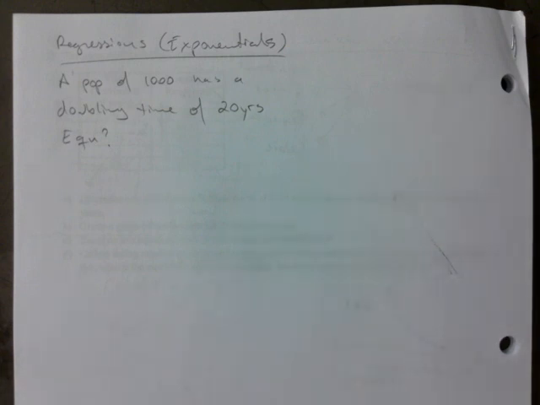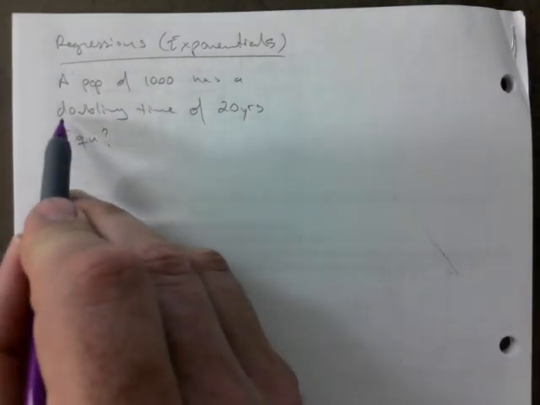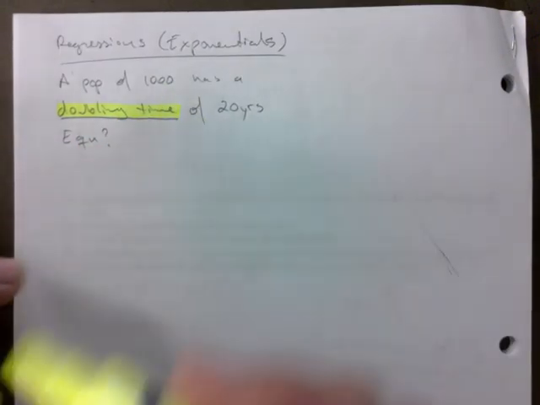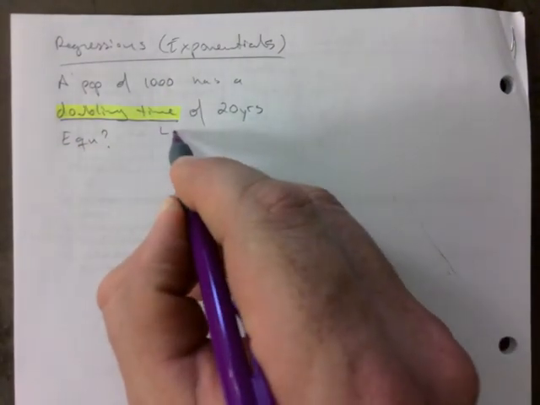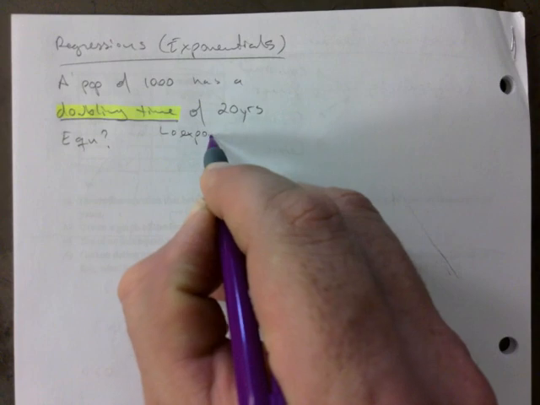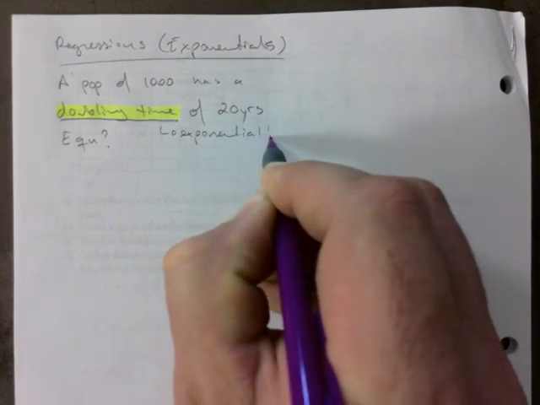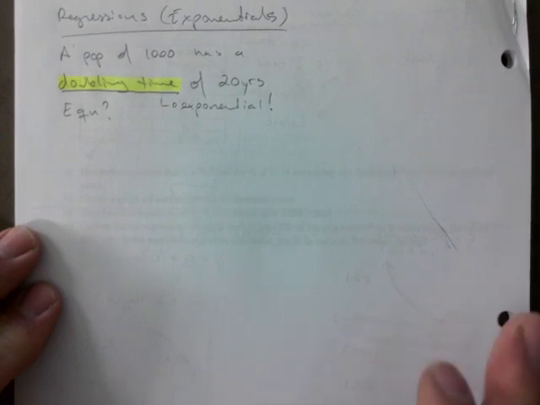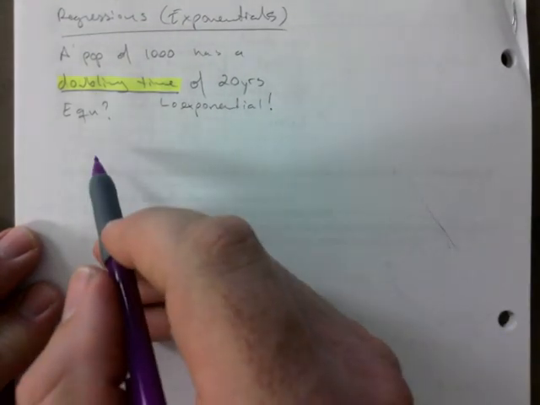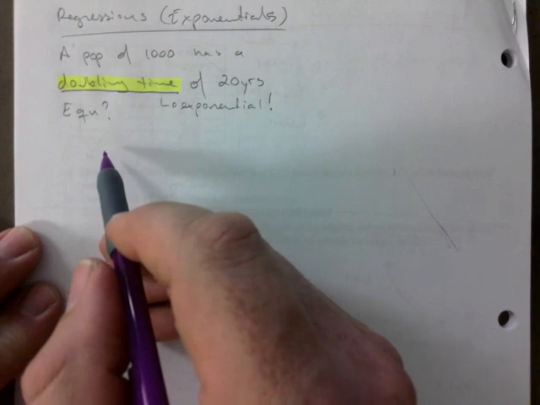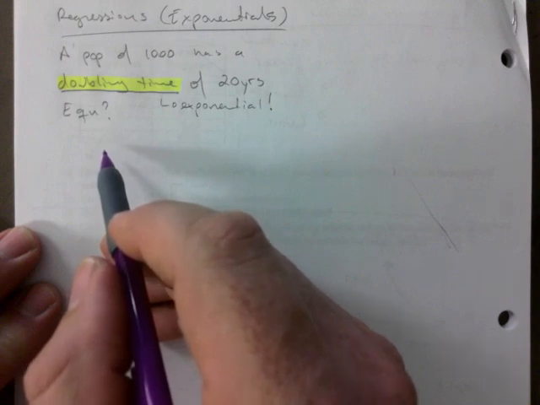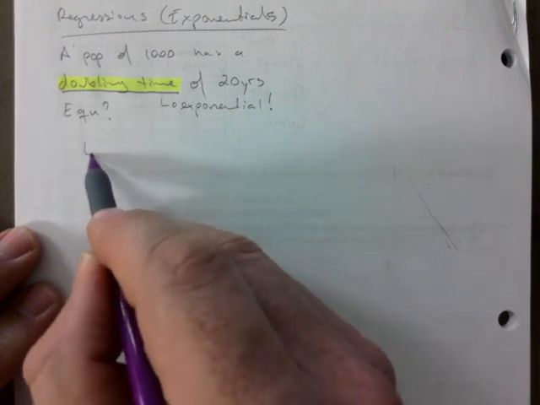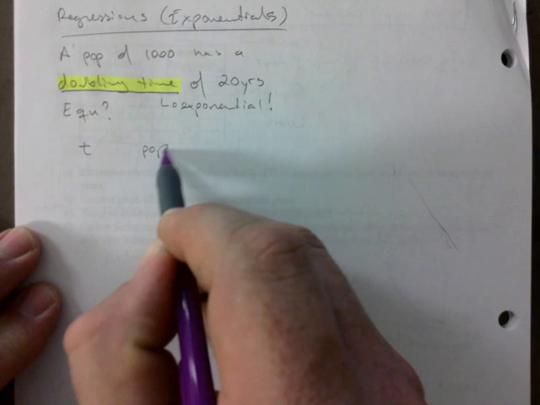Doubling time is exponential, by the way. You can highlight this part. Exponential for sure. What does that mean, a doubling time of 20 years? That every 20 years, your population, your previous populations doubles. That's what that means. So we go time and population, X, Y.